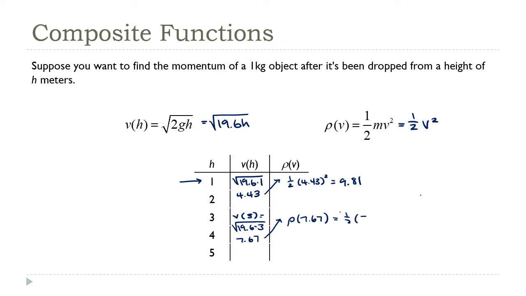I get 1/2 times 7.67 squared, which is 29.41. Now hopefully you're starting to see the process. First, I take the height number and put that into the velocity formula, and I get an output. And then I take that number and put it into the momentum formula. So in a sense, the output of one formula becomes the input of the next formula.